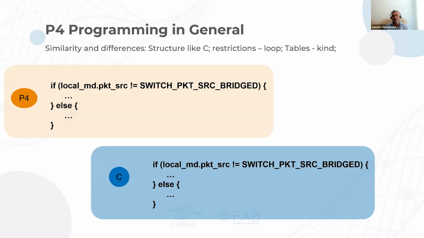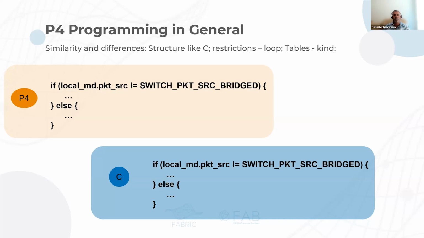If you are writing an if condition here, you can also write an if condition in P4. But the only restriction is where you place the if condition. You cannot place an if condition wherever required. Unlike C, you can only place the if condition within the match action unit, or the stage, as we call it.